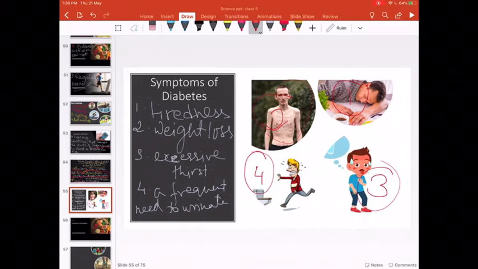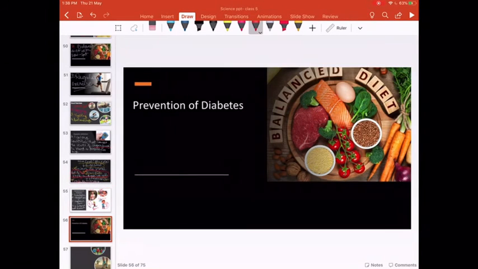See, the person will often feel like going to susu. So these are the few symptoms of diabetes: tiredness, weight loss, excessive thirst, and frequent need to urinate.